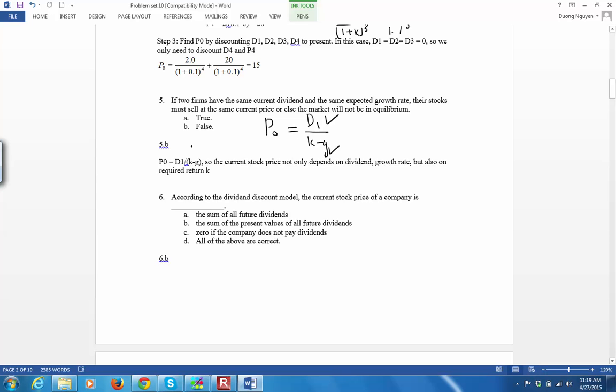So this is false, because the stock price not only depends on dividend and growth, but also on required return. According to the dividend discount model, the current price is simply the sum of the present values of all future dividends.